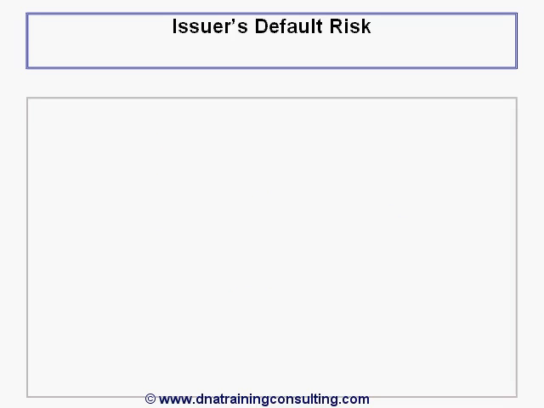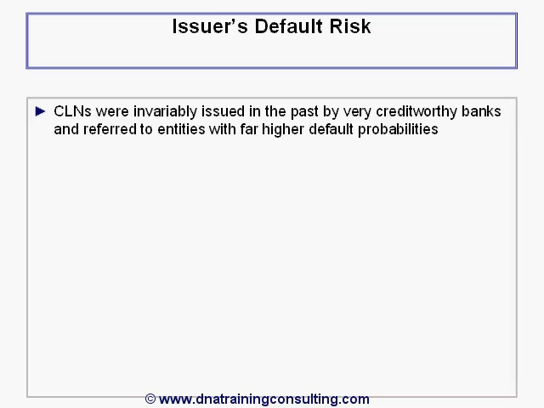Until quite recently, the great majority of CLNs were issued by very creditworthy banks and brokers with low default probabilities and referred usually to entities with far higher default probabilities.